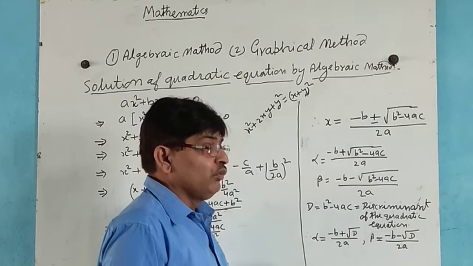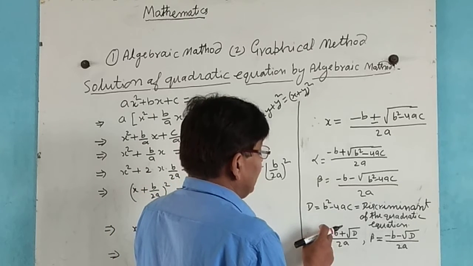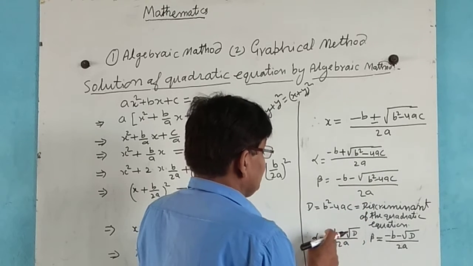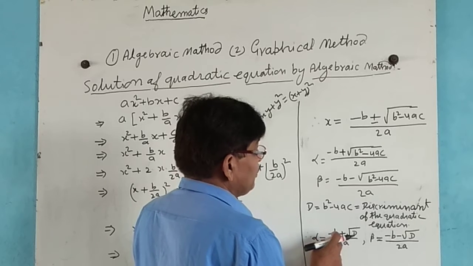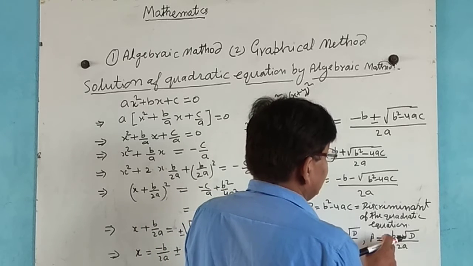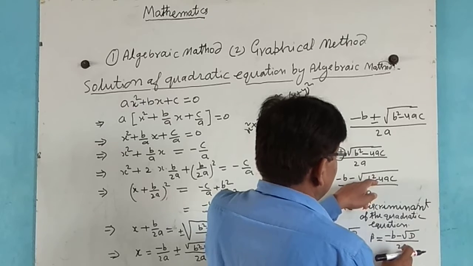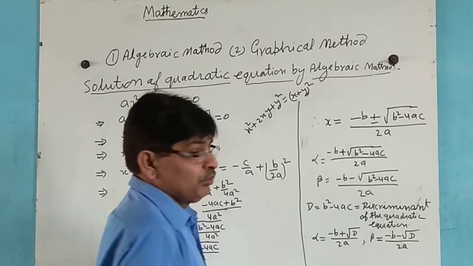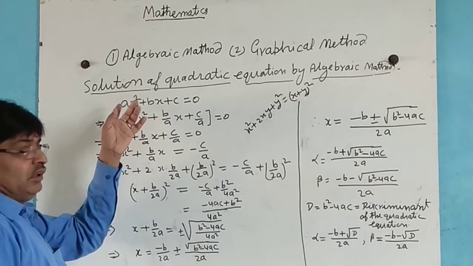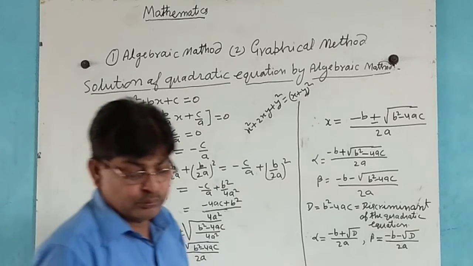Thus, we write the first root alpha equal to minus b plus under root d by 2a, putting d equal to b square minus 4ac, and beta equal to minus b minus under root d by 2a. Thus we get both the roots because it is a quadratic equation. Its power is 2. It has 2 values.